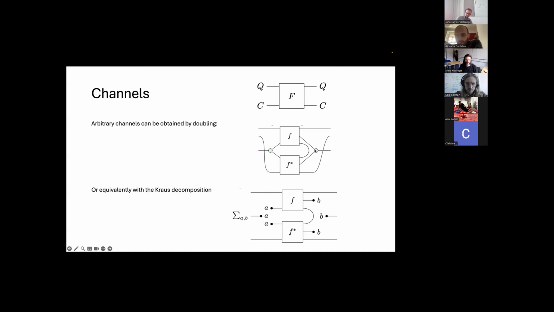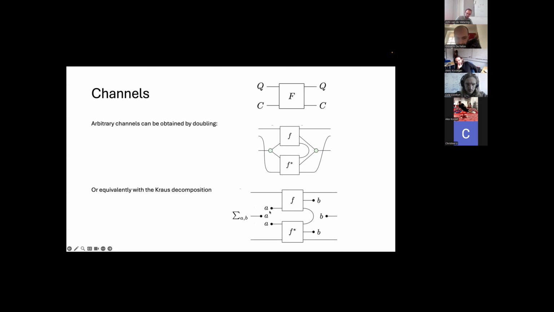They correspond to bases of the Hilbert space, so you can split them into a sum over all the A's and B's. A and B are bases for this space, which could be a qubit.